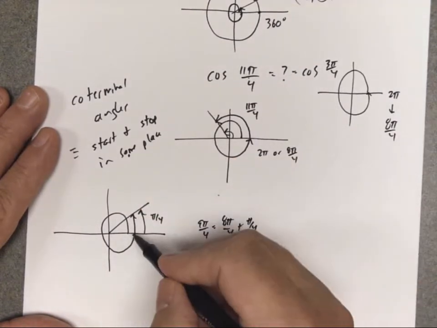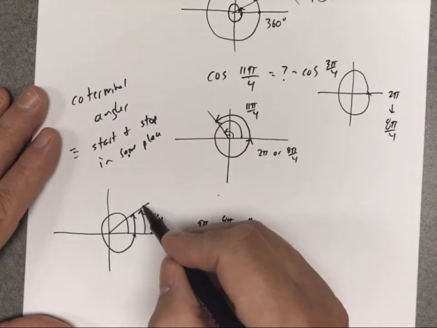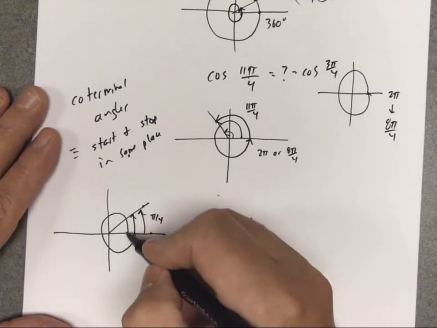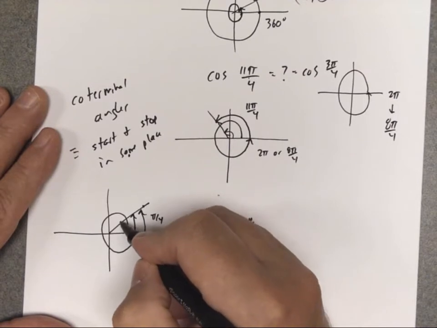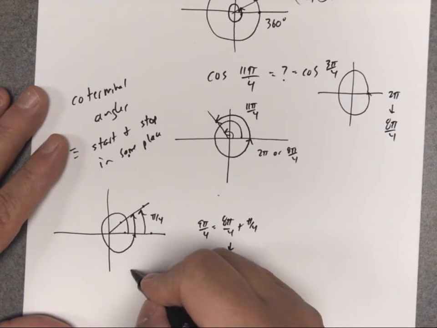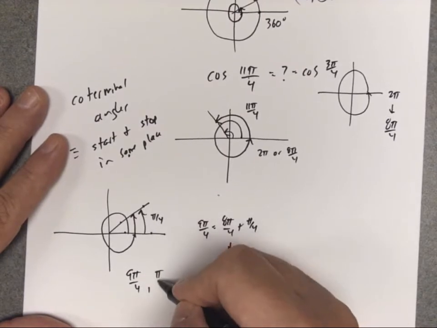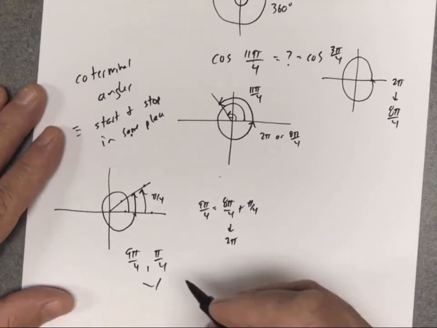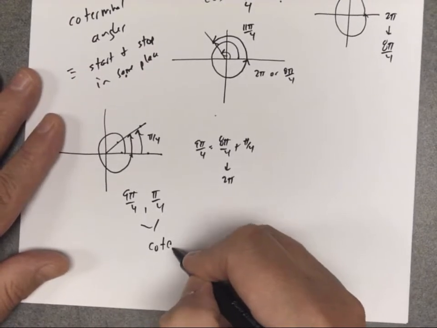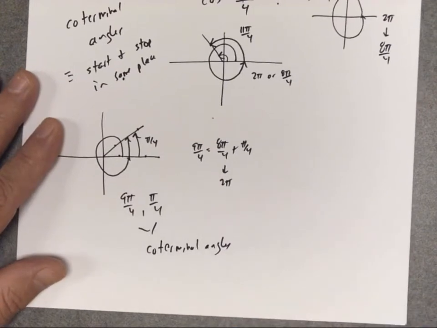So you can see, for pi over 4, I started here, and I stopped here. For 9 pi over 4, I started here, and I stopped here. The start and stop are the same place. Therefore, 9 pi over 4 and pi over 4 are called coterminal angles.